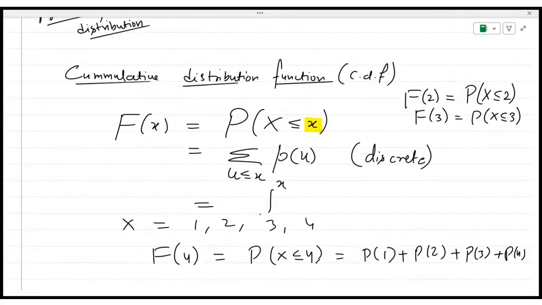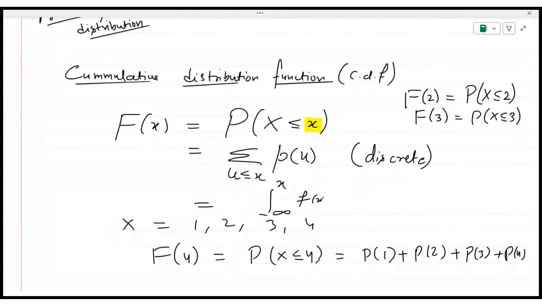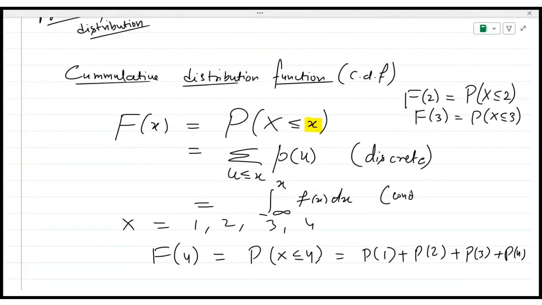From where? Minus infinity to x, of the probability density function. Okay. So if you want to find the cumulative distribution function in case of continuous, you will do integration from minus infinity till x, and in case of discrete, you will do summation for all the values which are less than or equal to x.